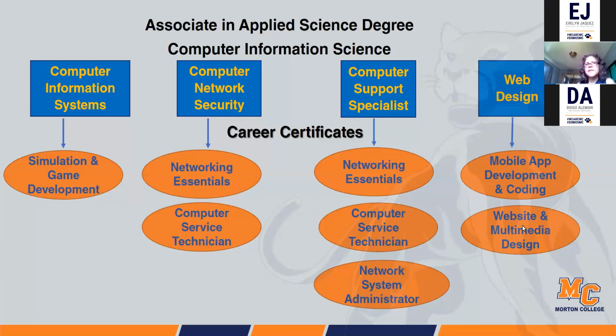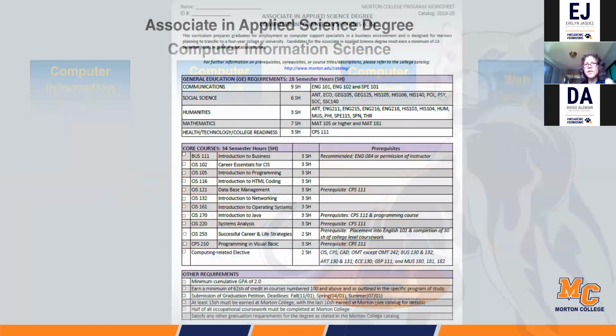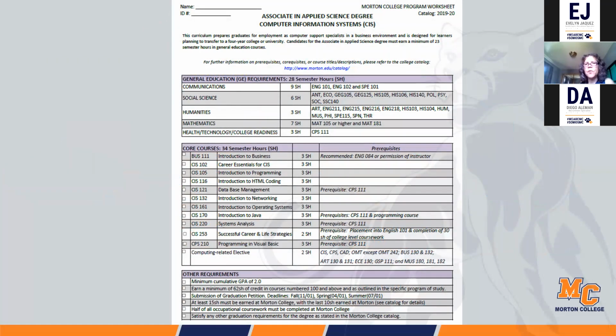So the advantage of choosing the Associate in Applied Science is that you're going to be taking more computer classes than you would with the Associate in Science degree. If we look at the worksheet for the Computer Information Systems Associate in Applied Science degree, you'll see that you need a total of 28 semester hours of general education classes and 34 semester hours of computer classes.